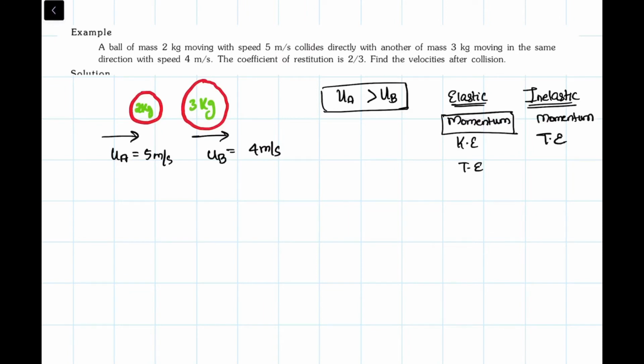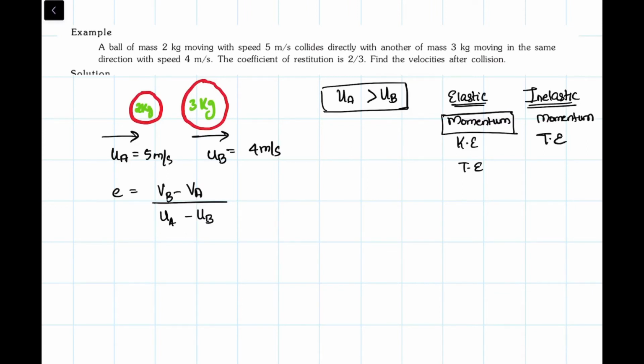The coefficient of restitution, small e, is denoted as the relative velocity after collision, that is Vb minus Va, divided by the relative velocity before collision, that means Ua minus Ub. This ratio is called the coefficient of restitution.